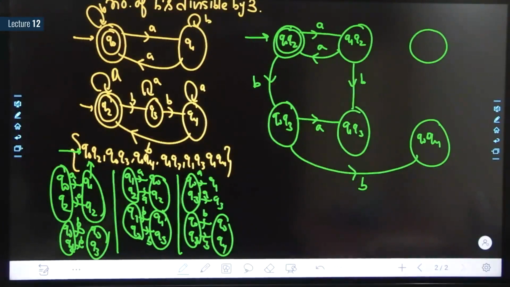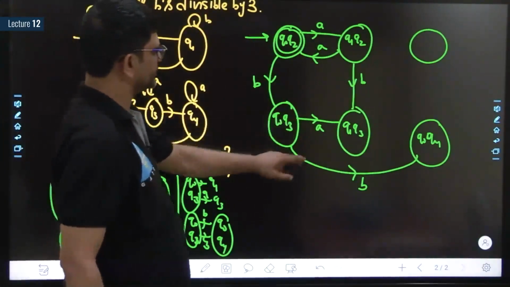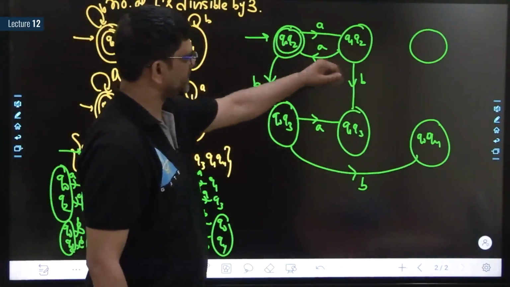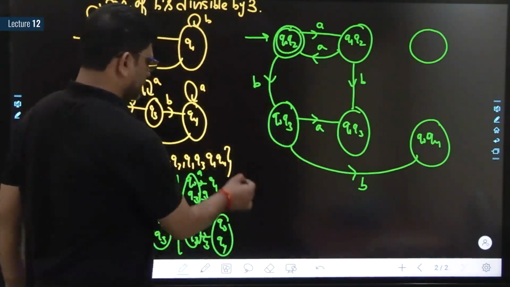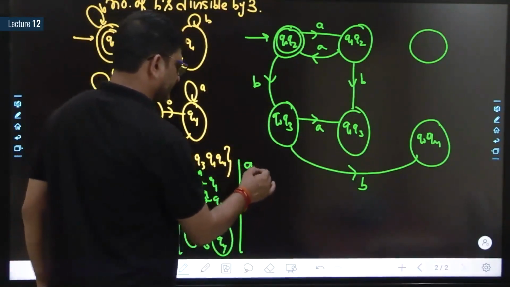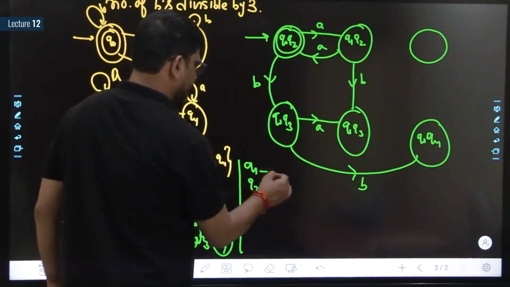Now, these still have two transitions. Now take Q1Q3.